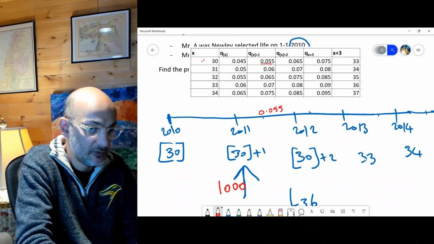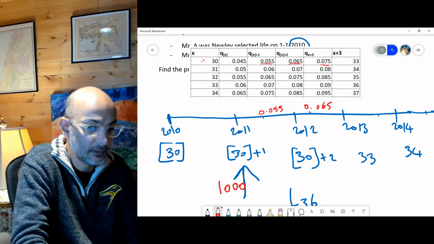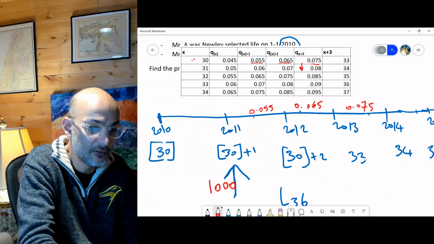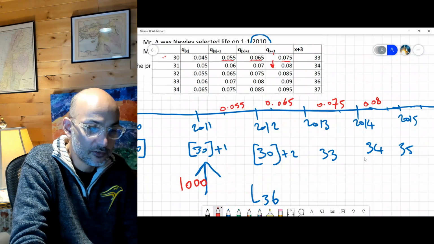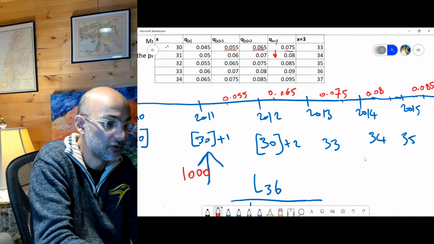And now this death here is 0.065. The death here is 0.075. The mortality rate, I mean. Now you go this way, because it tells you Q34 is 0.08. And the last one is 0.085. Let's call it Q.